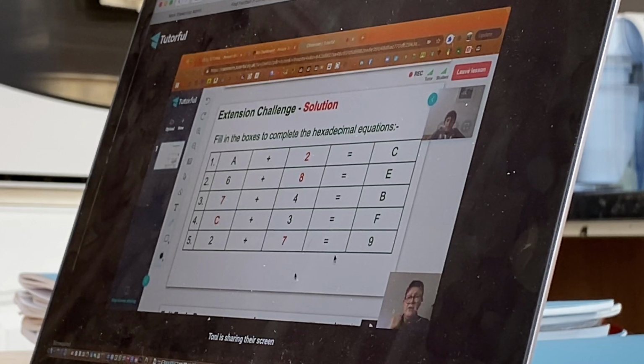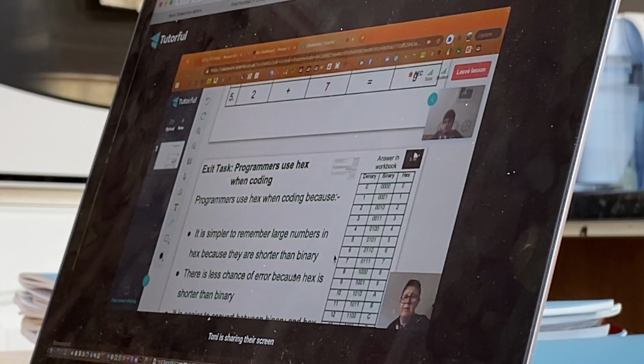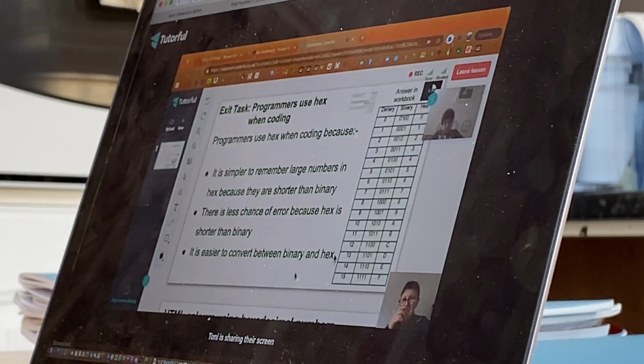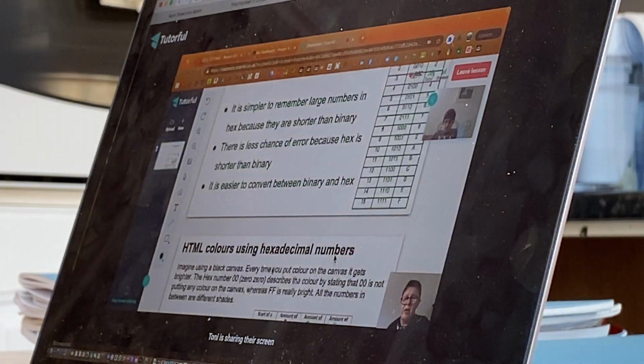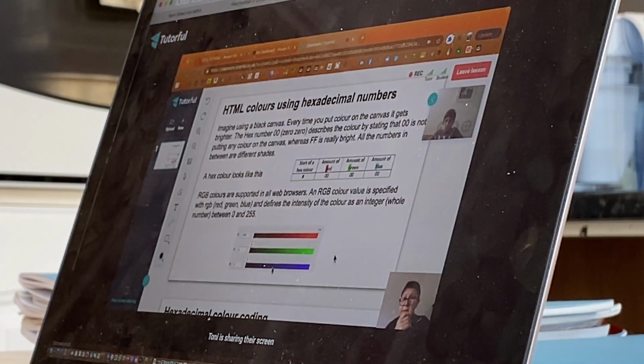So, do you remember why people use hexadecimal numbers? So you can find the numbers of the colours. Yes. It's easier for us when we're trying to program to use hexadecimal numbers because it's very hard to remember all the binary. These are hexadecimal numbers.